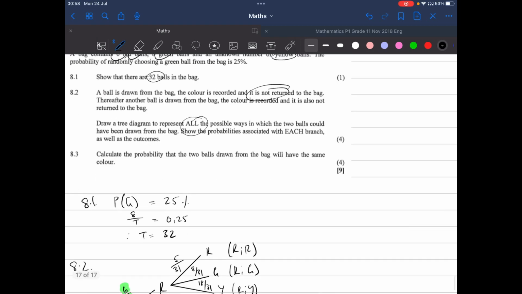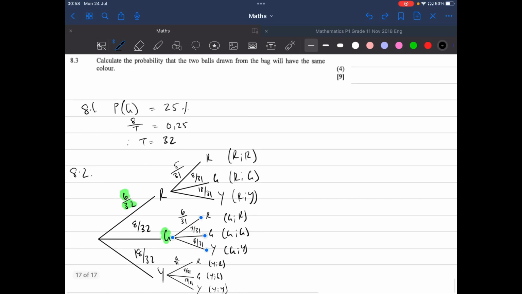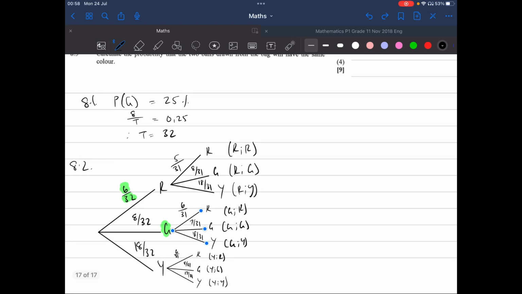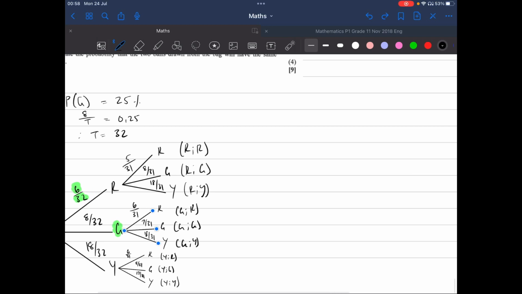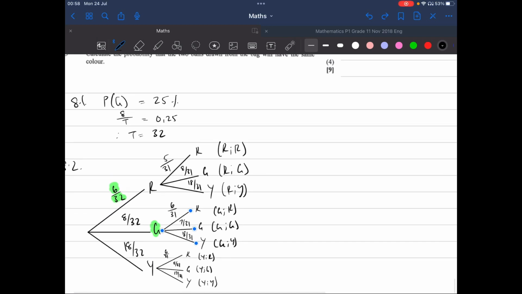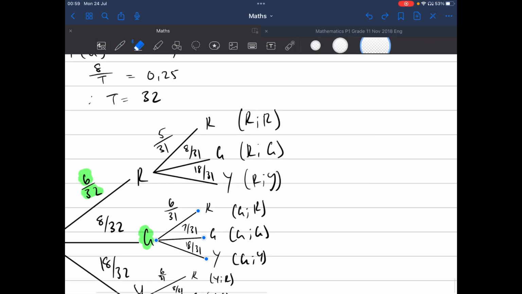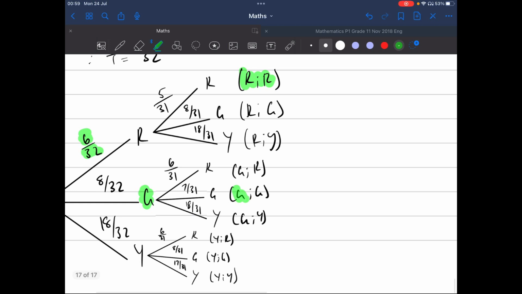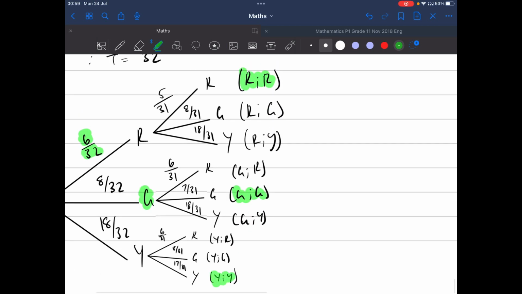8.3. Calculate the probability that the two balls drawn from the bag will have the same color. So the probability of that happening, let's see. The probability of me getting red and red, or green and green, or yellow and yellow.